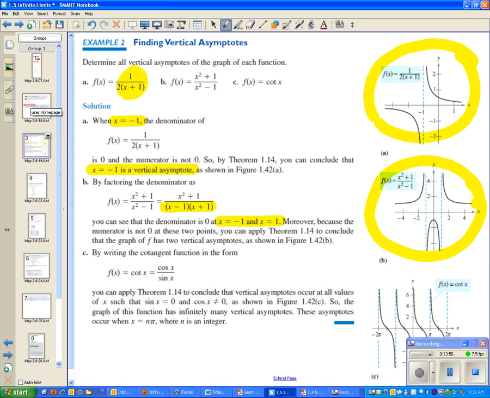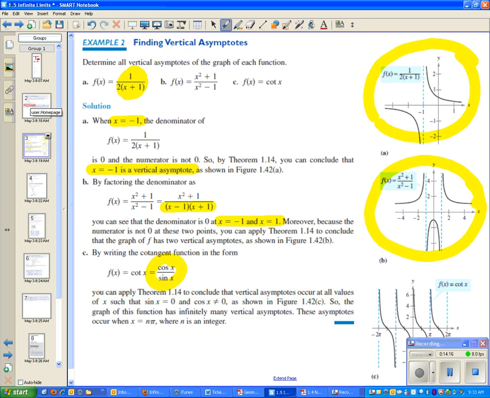All right? And then C. Well, if you rewrite the cotangent of x as cosine over sine, that's going to be periodically, you're going to have a denominator of 0, aren't you? So you're going to have a bunch of vertical asymptotes.